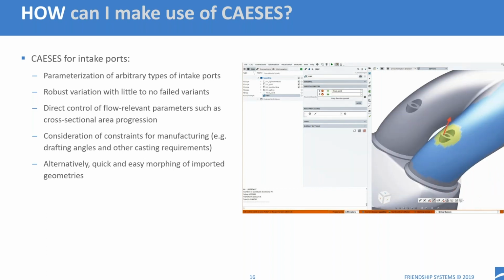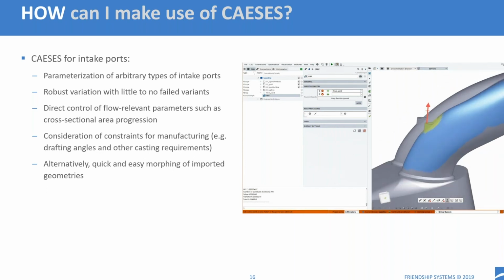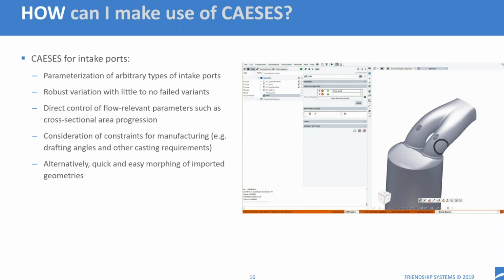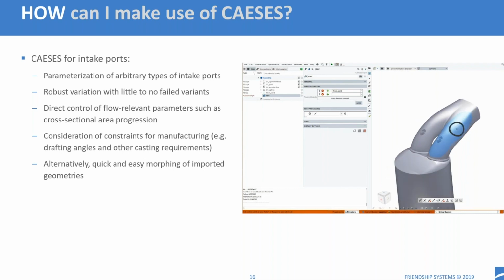And this is basically a quicker approach than a full parametrization of the geometry, because it very quickly allows you to define some changes to geometry. The downside is that it gives a little bit less direct control on the geometry, and it's less flexible than a full parametric approach.